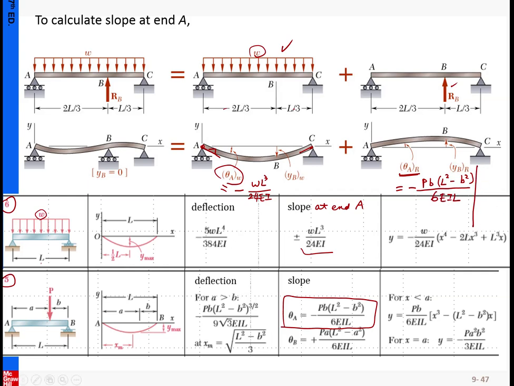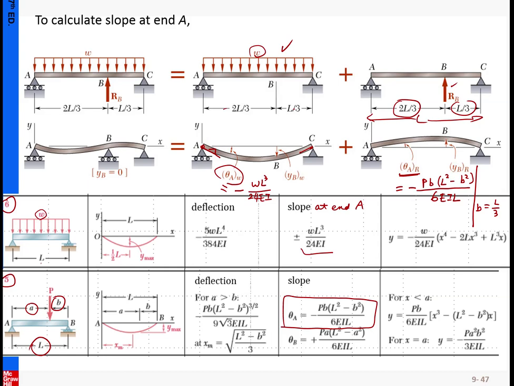Now I'm going to do the replacement of the parameters here. Compared to this case, this is a formula based upon this pattern with segment lengths A and B, compared to our problem statement here with the two numbers. So parameter to parameter, you can see B must be replaced by L over 3, and the whole length equals L, which is the same thing. So keep those things in mind.